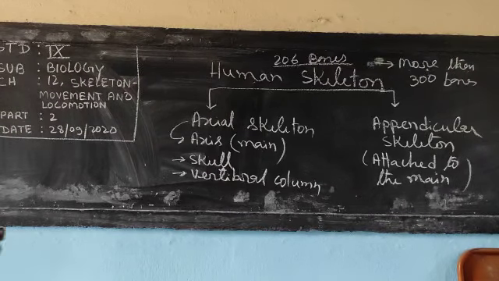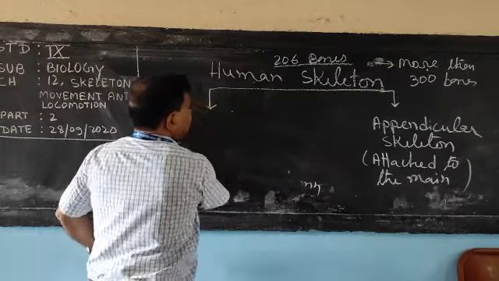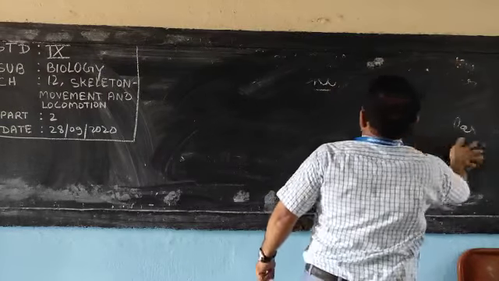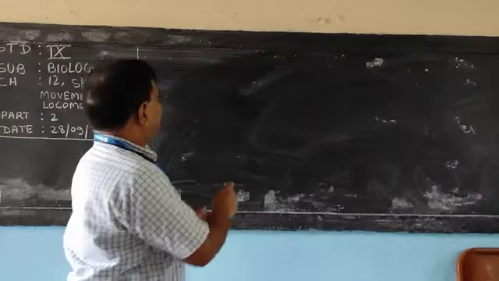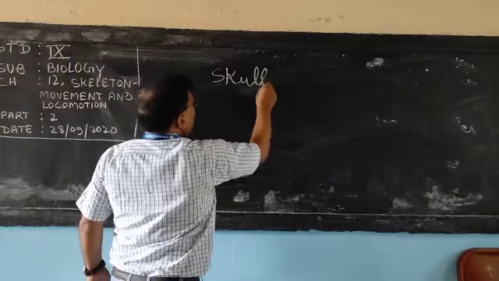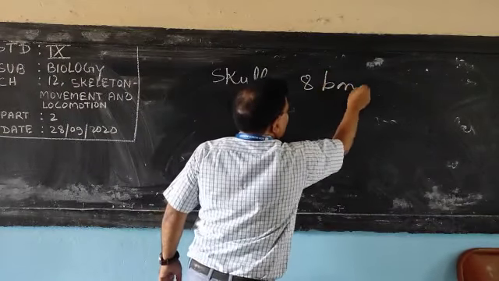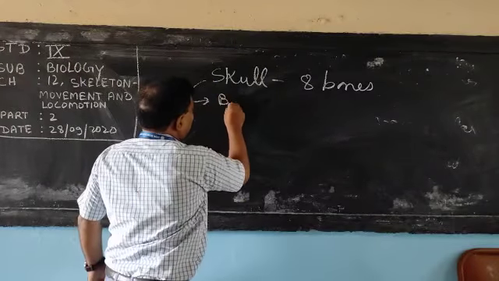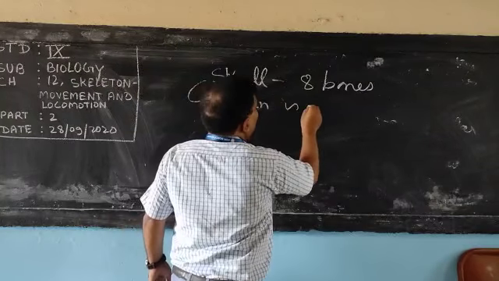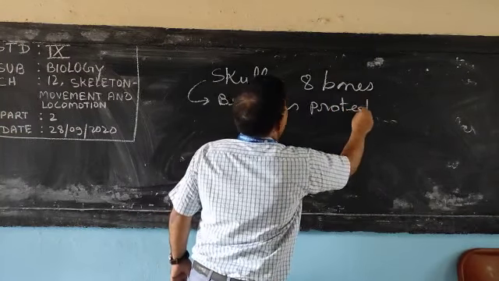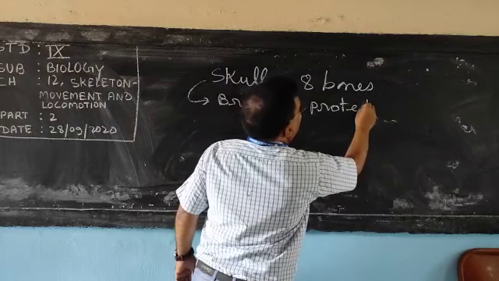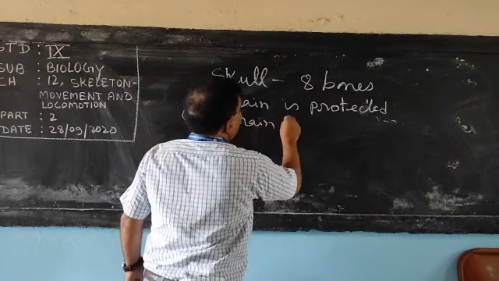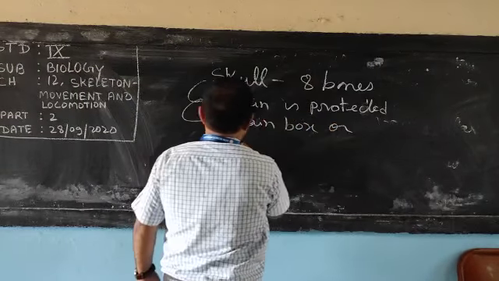By this skull, the brain is protected, so we can call it the brain box or cranium.